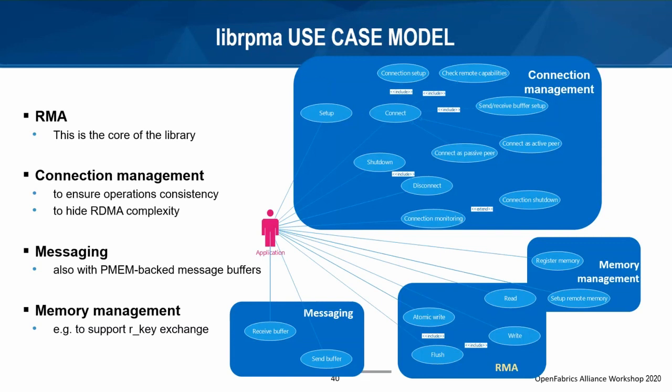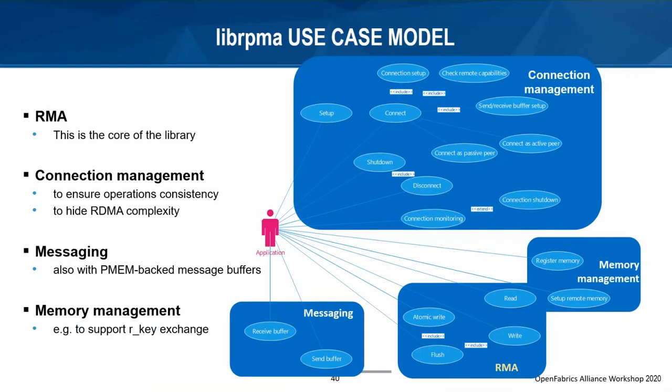As I mentioned, we try to hide RDMA complexity, but it's somehow a compromise between simplicity and flexibility, because we do not know every context in which persistent memory could be used remotely. There are many different scenarios of how the application would like to use it, who is responsible for connections, etc. So this is a compromise.